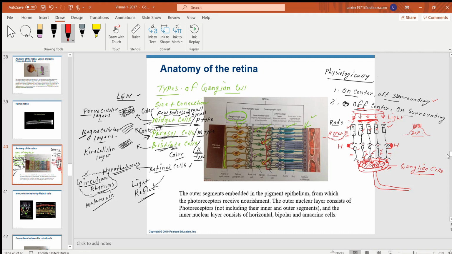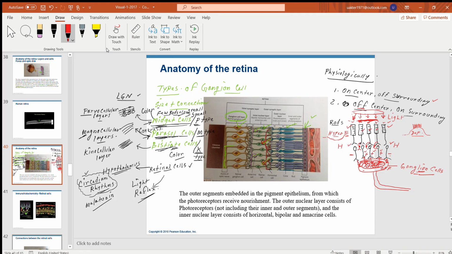Let me do this now. If I put the inhibitory horizontal cells here in the middle part, but no horizontal cell in the outer part, then what will happen when I put the light? The center part will be off, right?